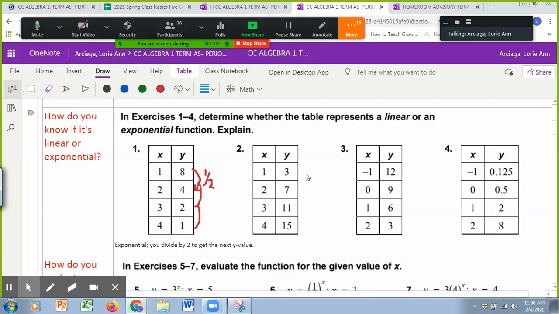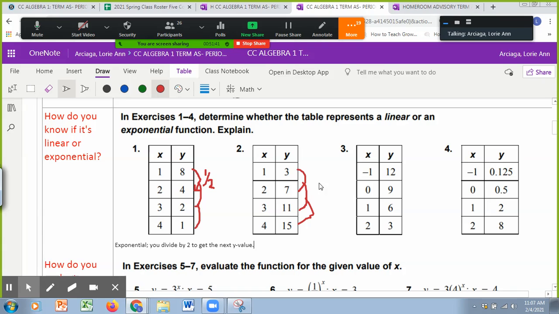Tell me how this one goes. How do I go from 3 to 7, 7 to 11, 11 to 15? What do I do? Plus 4.